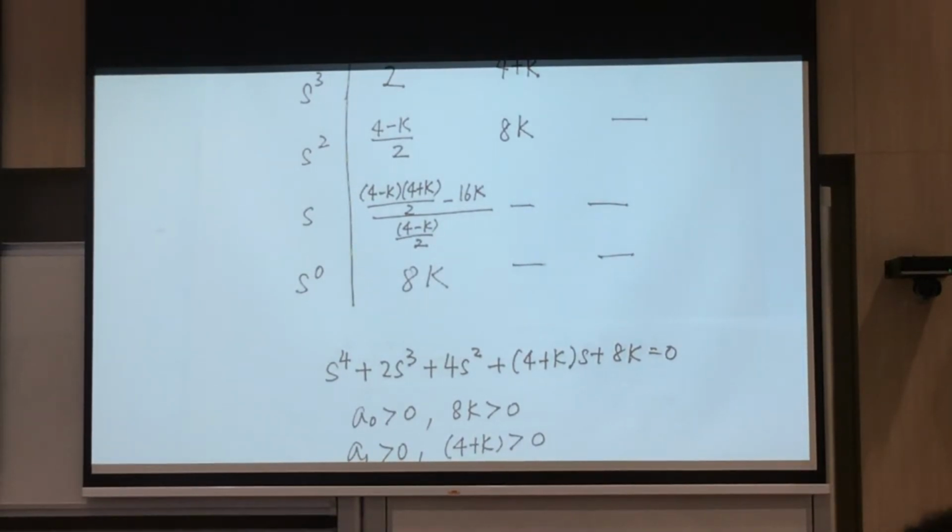Column 1, row 3: 4 minus k over 2 is bigger than 0.